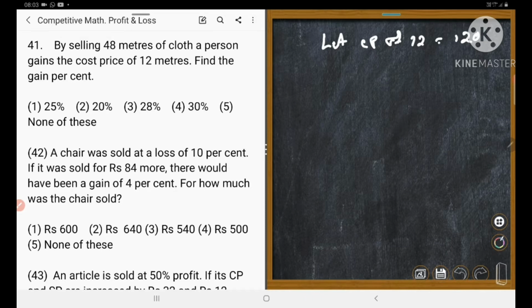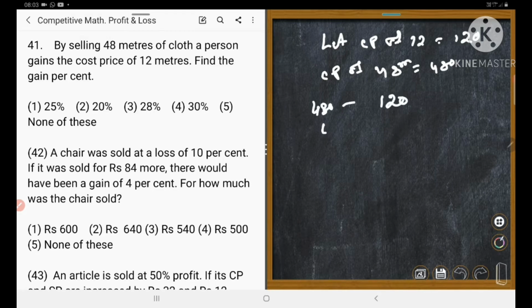Cost price of 48 meters is equal to 480. So on 480, profit is equal to 120.